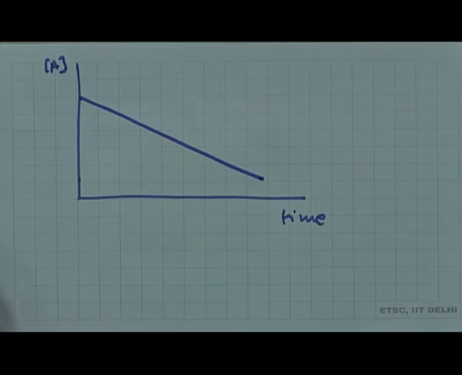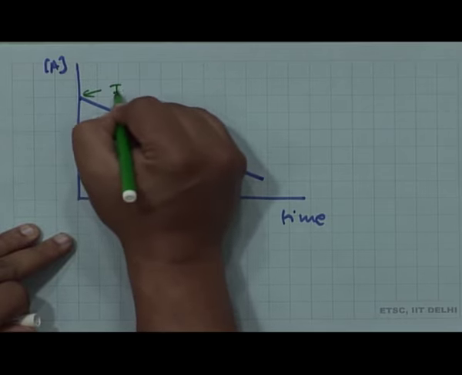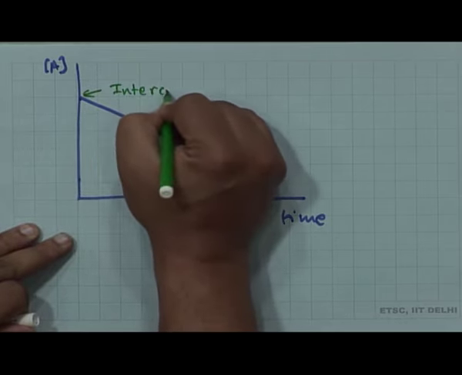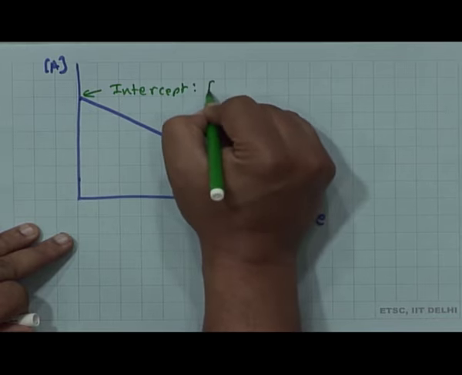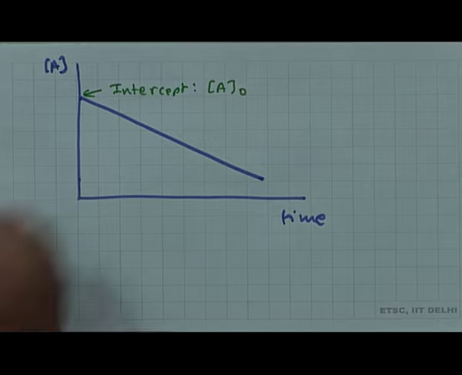A straight line, with the significance that this is my intercept, which is my initial concentration A naught, because this corresponds to time t equals 0.